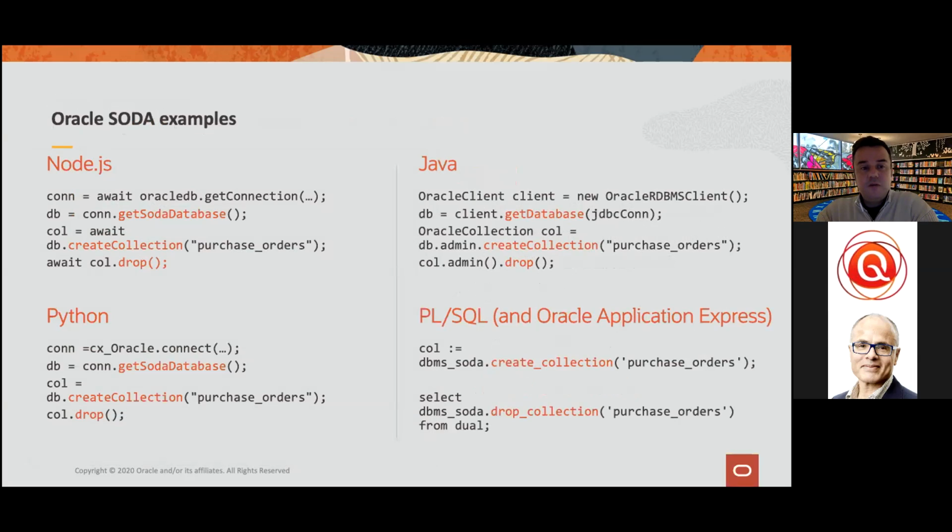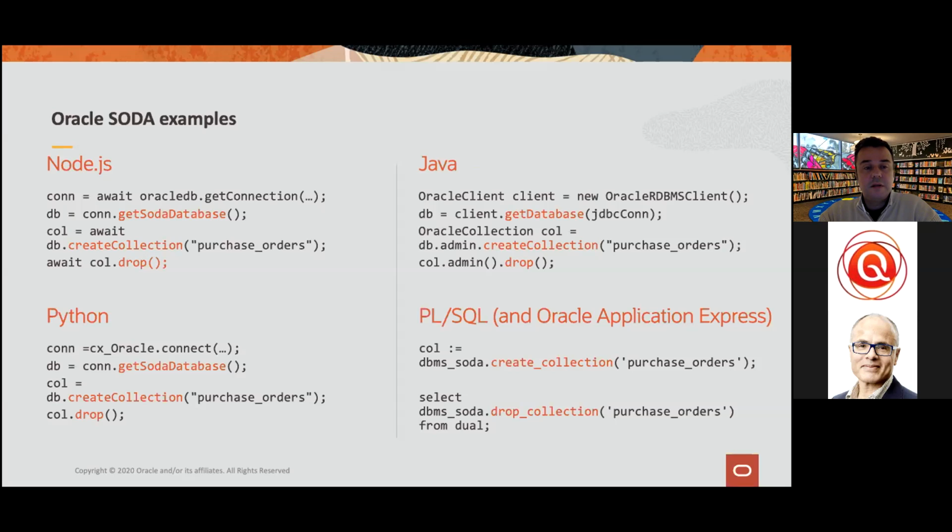In case you want to use SODA from within a programming language, here are some examples. It's very easy to use. So instead of running PL SQL code, or customized code to retrieve the information from the database, you can use the API calls. And here I have an example from Node.js.